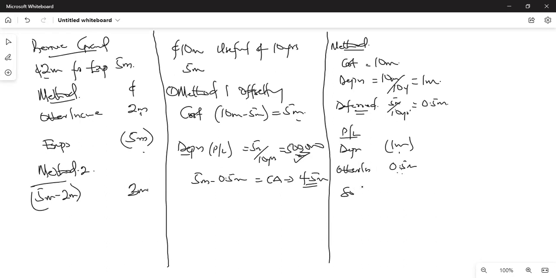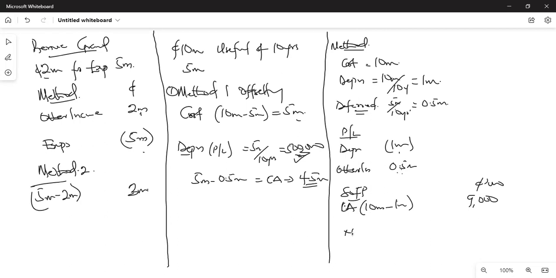In your SOFP, you have the machine which costs 10 million, so your carrying amount will be 10 million. You now need to less your depreciation of 1 million and present your 9 million.